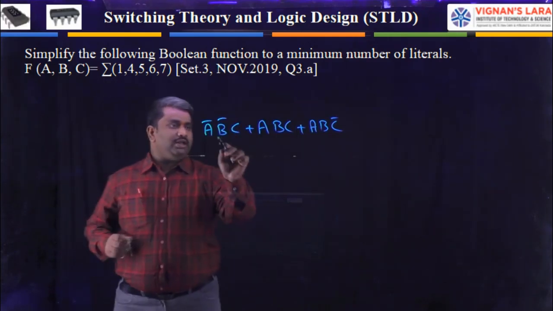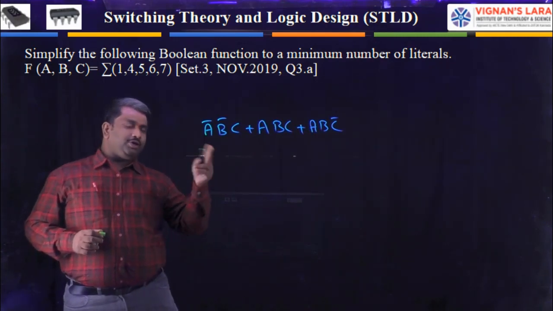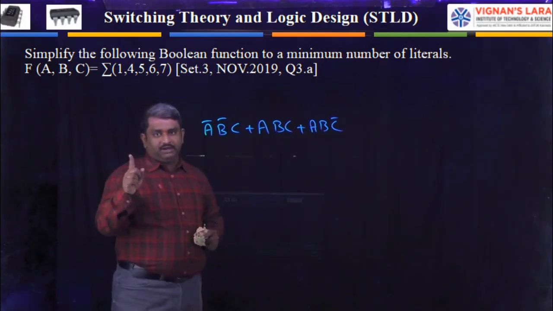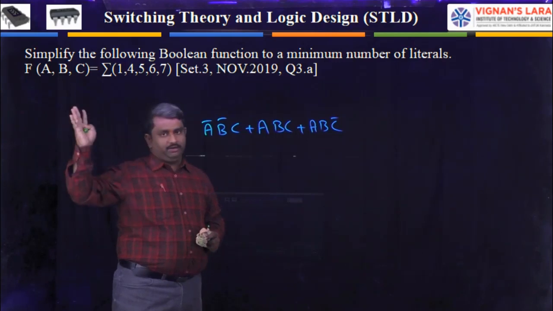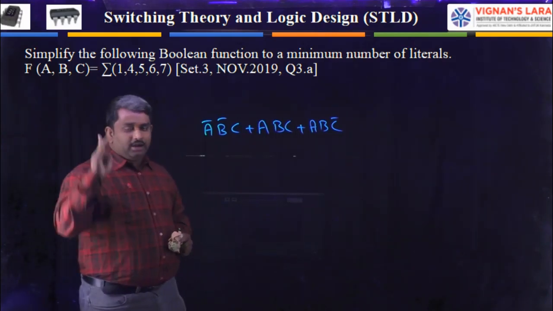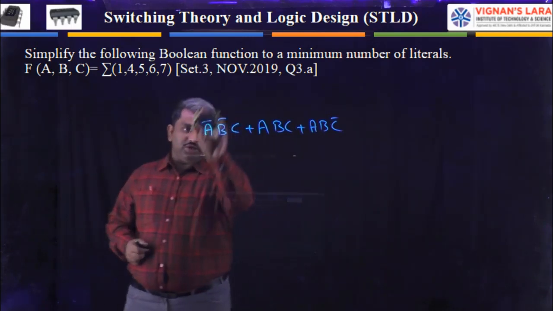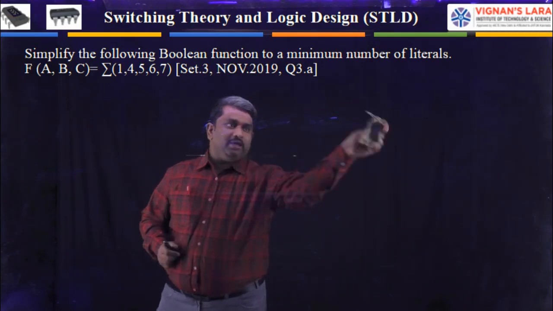Actually, here we made 9 representations in this expression, but A is repeated 2 times. A is 1 literal, however many times you write it. Similarly B is 1 literal and C is 1 literal. Like this we are considering the literals concept, right?